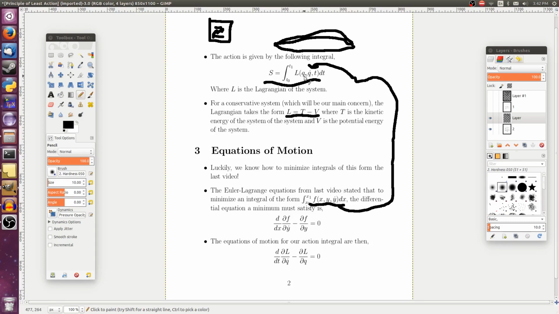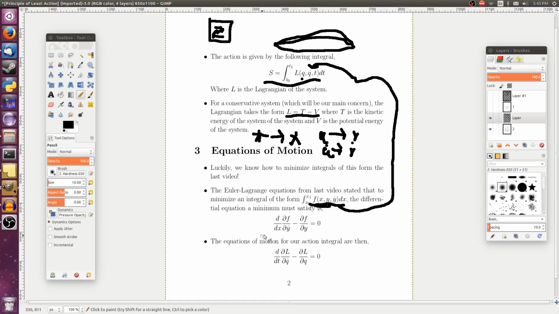But in this case, q gets mapped to y, and q dot is just the same thing as y dot, because these are the dependent variables, and the independent variable in our Lagrangian is t, and it's going to get mapped to the independent variable in here, which is x.